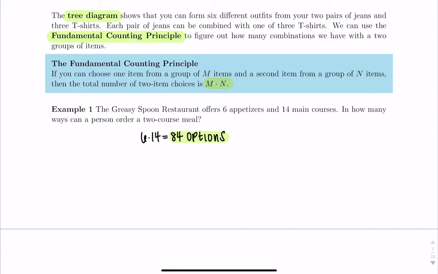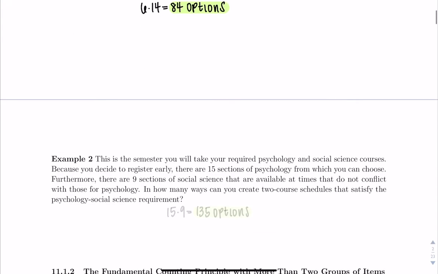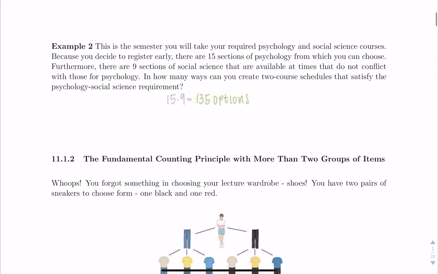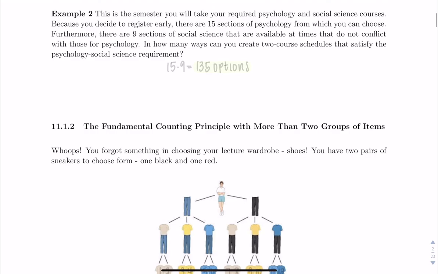This is the semester you will take your required psychology and social science courses. Because you decide to register early, there are 15 sections of psychology from which you can choose. Furthermore, there are 9 sections of social science that are available at times that do not conflict with those for psychology. In how many ways can you create 2 course schedules that satisfy the psychology social science requirement?